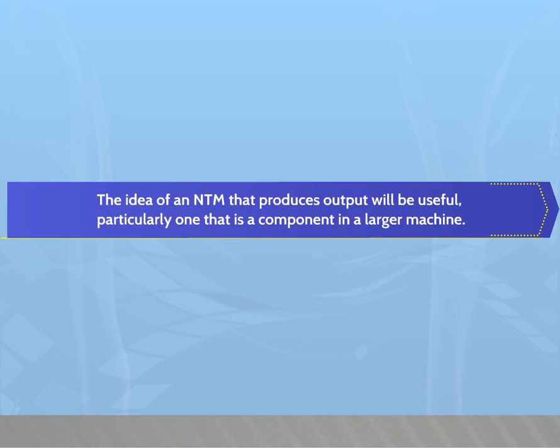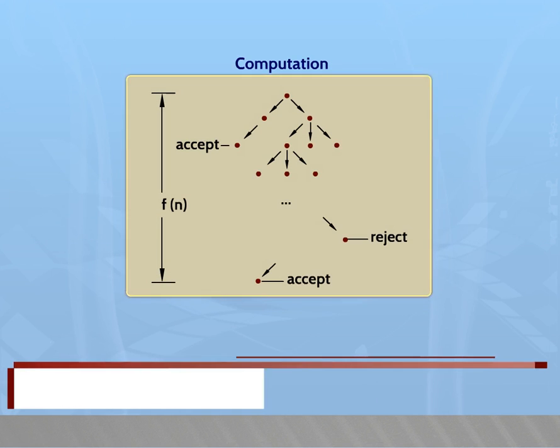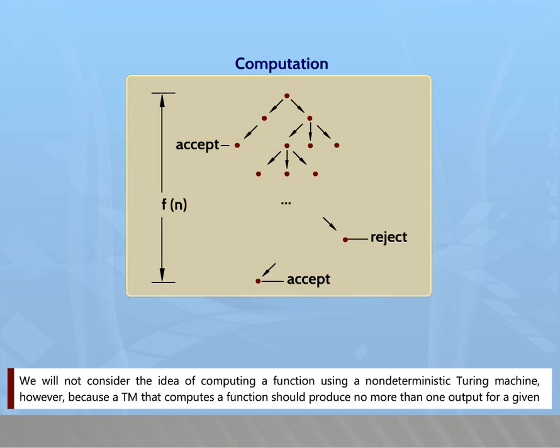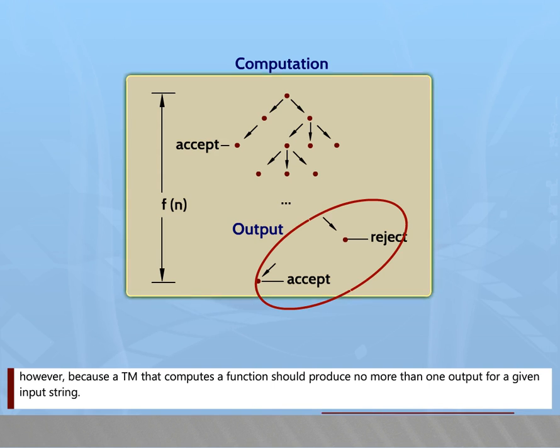The idea of an NTM that produces output will be useful, particularly one that is a component in a larger machine. We will not consider computing a function using a nondeterministic Turing machine, however, because a TM that computes a function should produce no more than one output for a given input string.